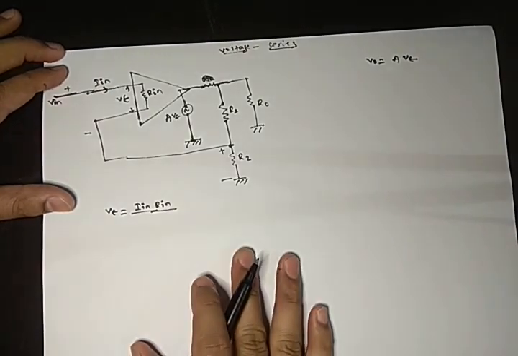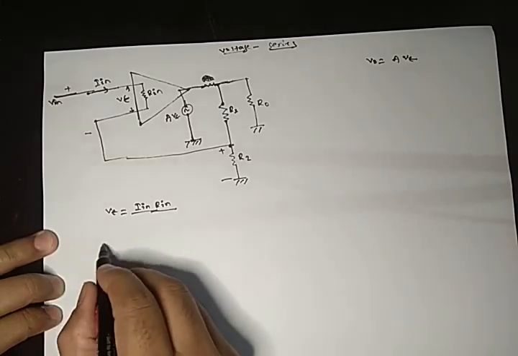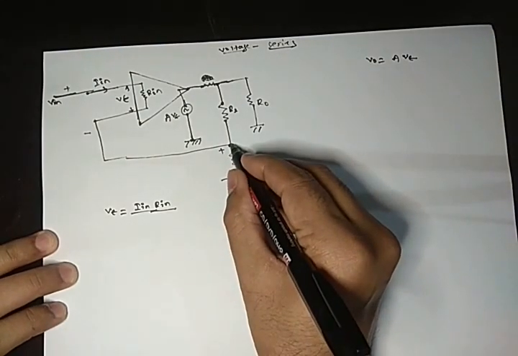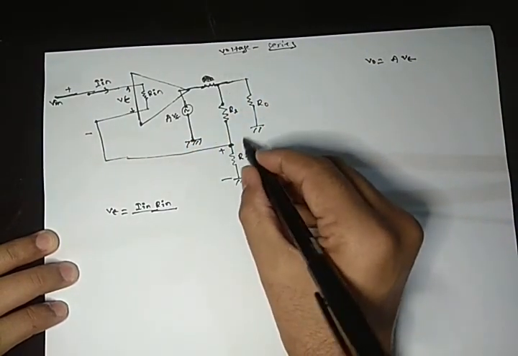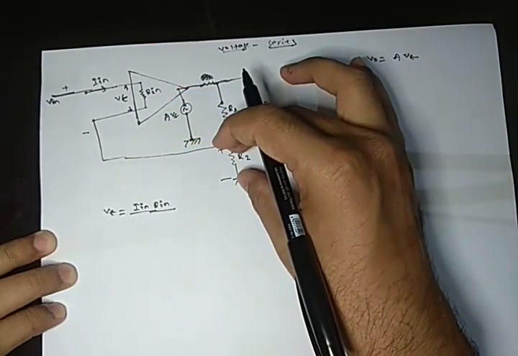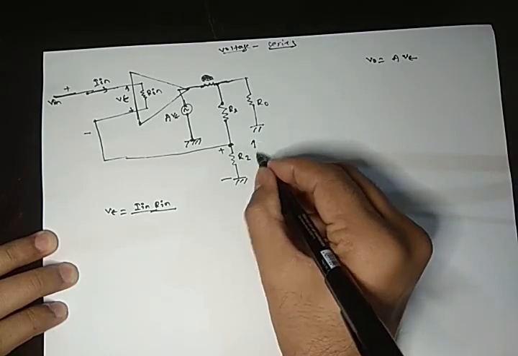Or we can also say, what is this voltage that we are applying. It is nothing but A B epsilon in R2. What is the voltage across this one?